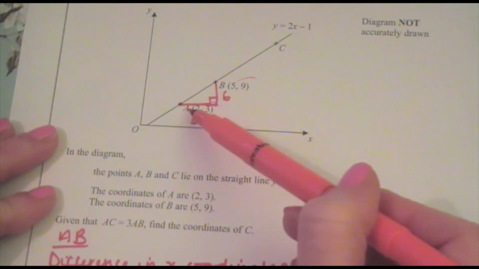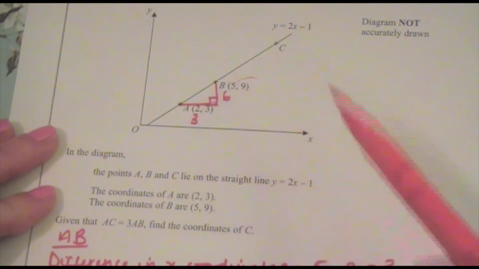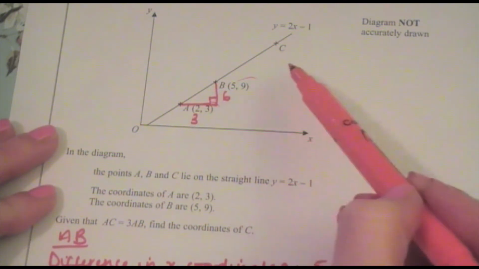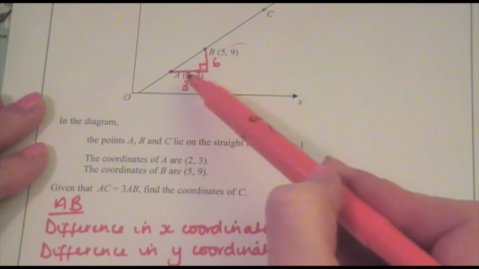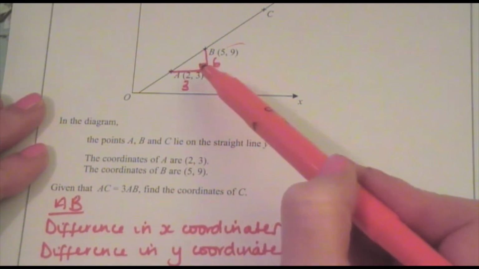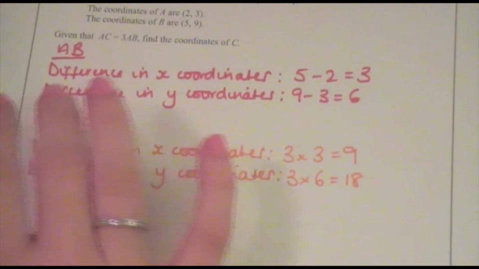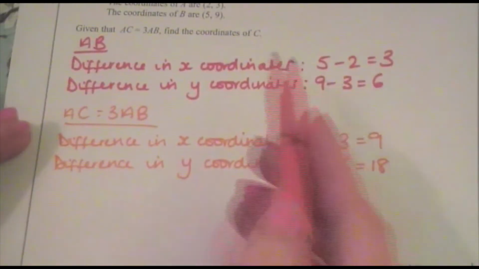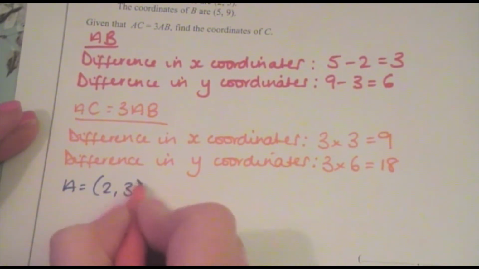This tells me that the difference between the A coordinate and the C coordinate for the x coordinates is going to be 9, and the difference between the y coordinates is going to be 18. That means that I can just add 9 to my x coordinate of A, and I can add 18 to my y coordinate of A. Alright, so my original A coordinate was 2, 3.